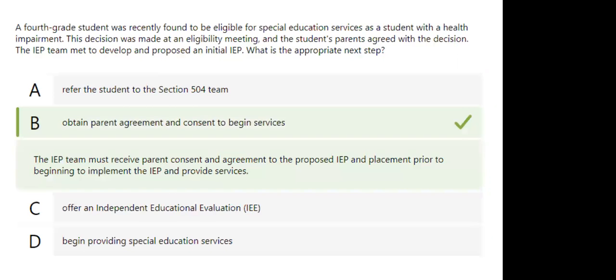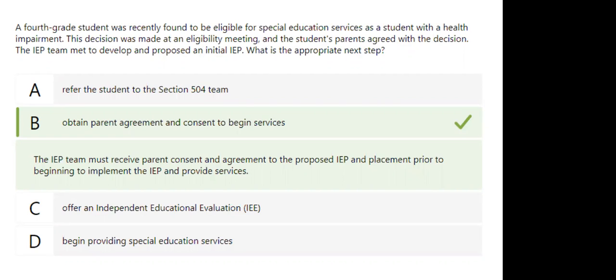The next step is that the IEP team must receive parent consent and agreement to the proposed IEP and placement prior to beginning to implement the IEP. So you have got to remember, although your parents agreed in the meeting, they still have to sign. They're still going to have to sign the actual document, obtain their parent agreement and consent to begin the services.